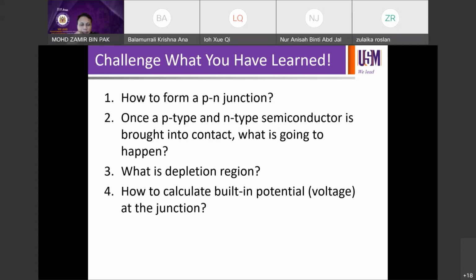So next, what is depletion region? What is depletion region? Anyone? Sofiuddin? What is depletion region, Sofiuddin?